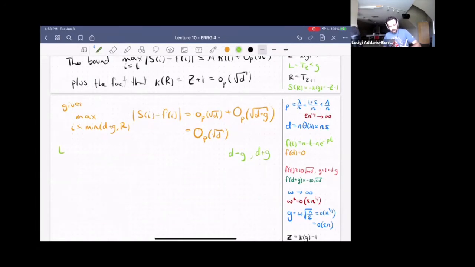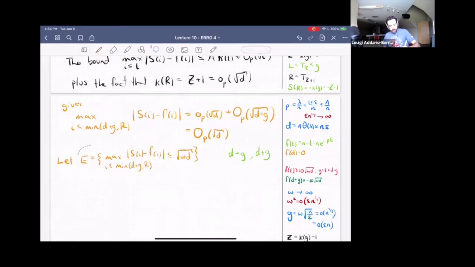Okay, so let me create a good event that will have probability tending to 1, and that on that event we'll see that R is going to lie between d minus g and d plus g. So the event is just that this maximum error up to time minimum of d plus g and R, Si minus Fi, is at most square root omega d.